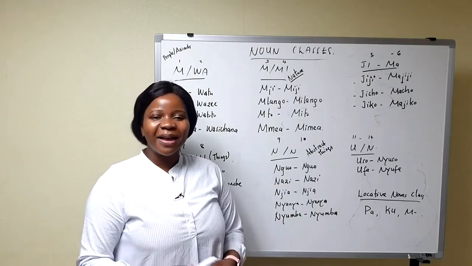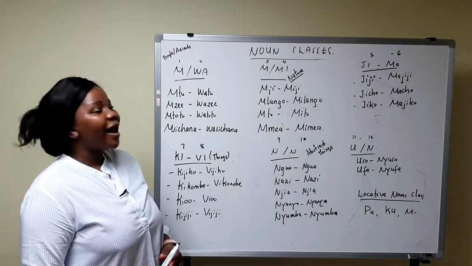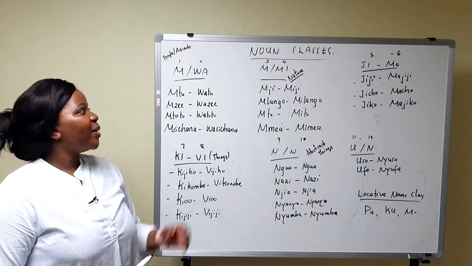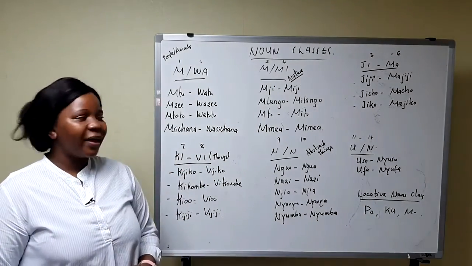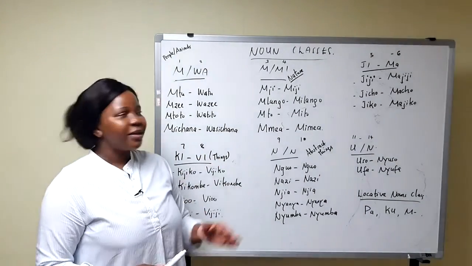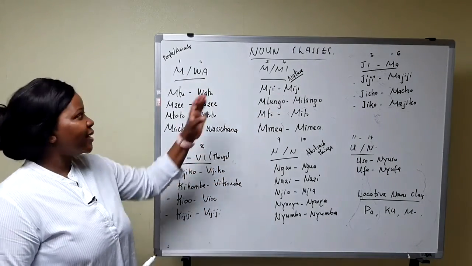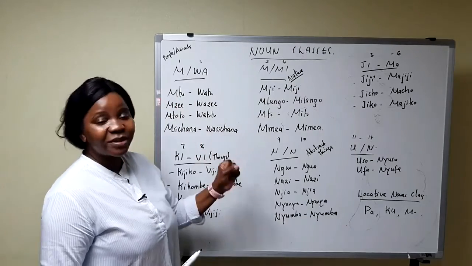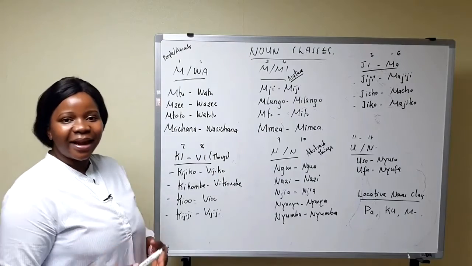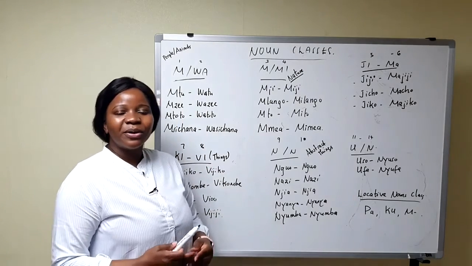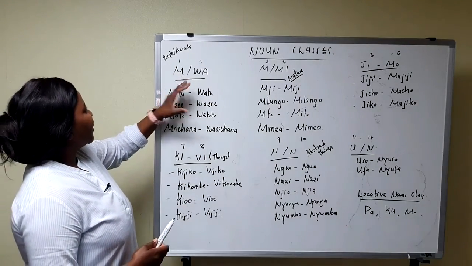Swahili noun classes. So, nouns are grouped into classes based on their characteristics they have and based on their prefixes, noun prefixes, okay? So these are noun classes, and these nouns are grouped into classes based on their characteristics as a noun and based on prefixes, okay? So let's get started.